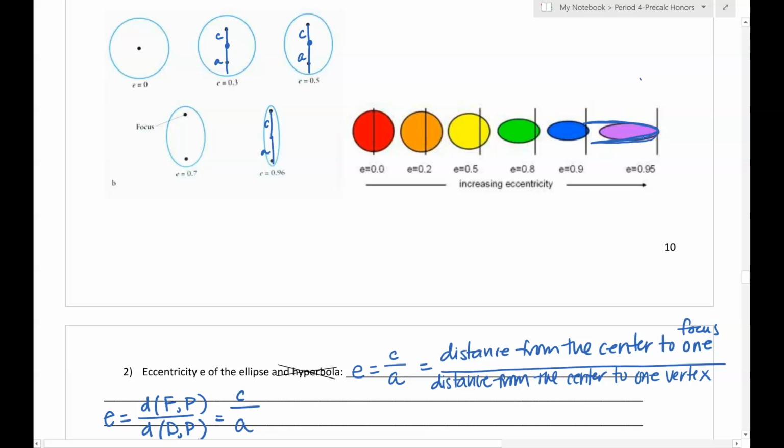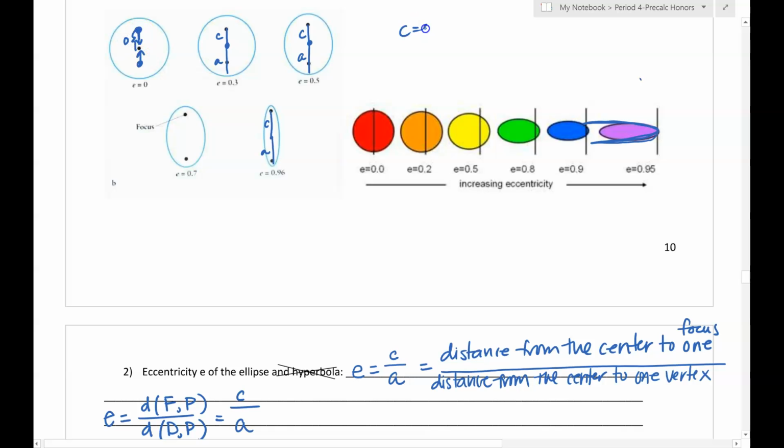Now what happens when c is 0, meaning the distance from the center to the foci is 0? There's no focus at all. The focus moves closer and closer to the center, so the distance here is 0.